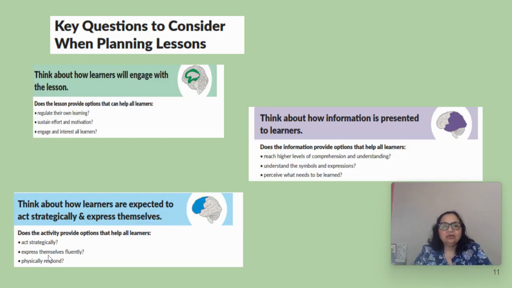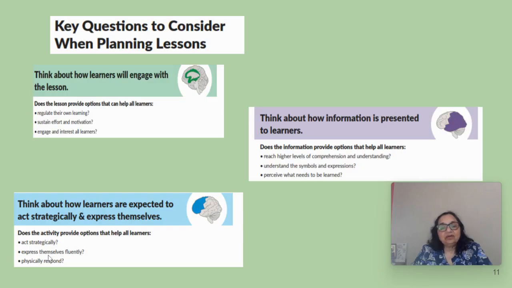So, here are the three questions, based on the brain networks, we should ask. The first one is the engagement network. Does this lesson give choices that help all learners regulate their own learning, sustain effort and motivation, and engage their interest?